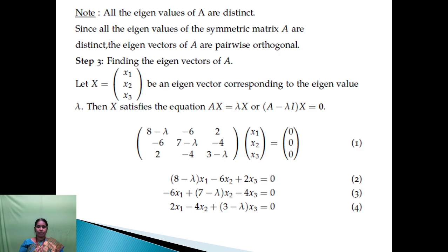Then X satisfies the equation AX equal to lambda X, or A minus lambda I into X equal to 0. On equating, we have three equations 2, 3 and 4. Multiplying those values, it is written in equation format as 2, 3 and 4. This is the general form. On replacing our lambda with our eigenvalue, we get a solution.